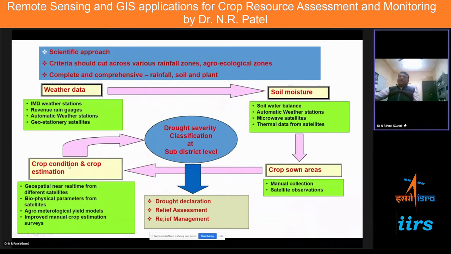Then crop condition, as I said, optical data, mainly NDVI, long-term NDVI or SWSI, the short wave based vegetation index, all are useful for crop condition assessment. To a certain extent, we will get crop sown area also: how much crop sown area deviation is there, from the slope angle index. So all these four together help to decide drought and declare drought severity at the district level.